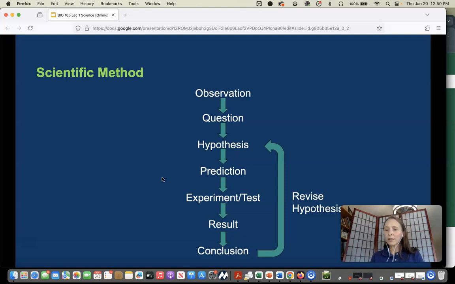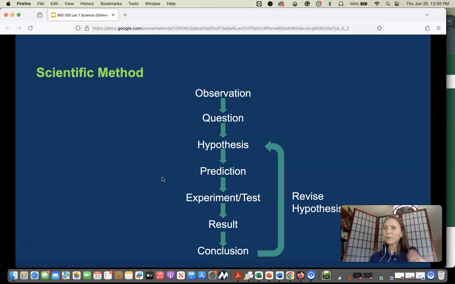So let's talk a little bit about the scientific method and then how we would do this process, and then we'll go through some examples. So when we do the scientific method, we oftentimes start with some type of observation about the natural world.